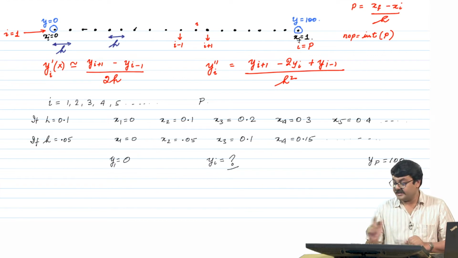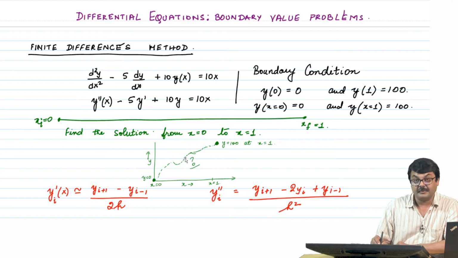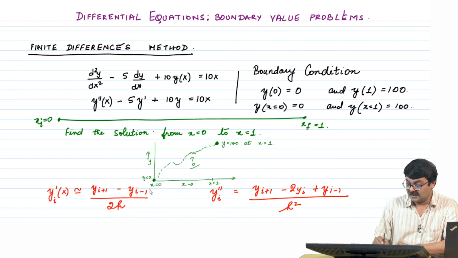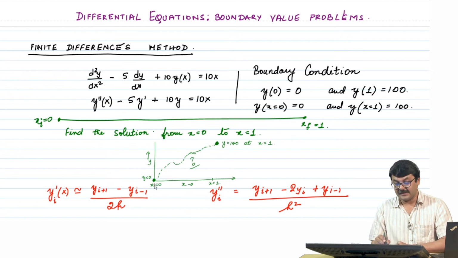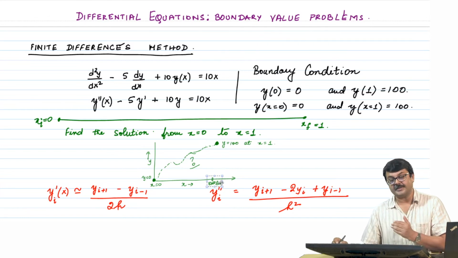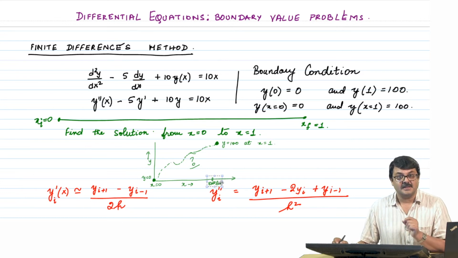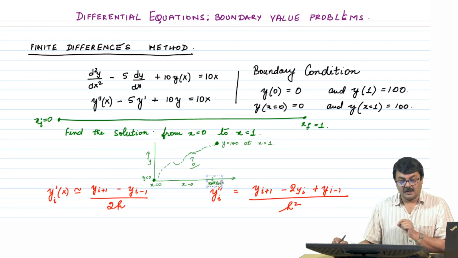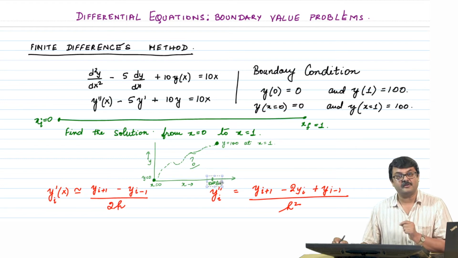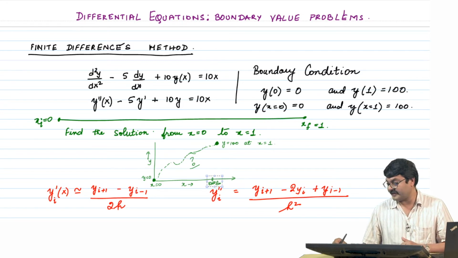We have to find the value of y as a function of x over this interval, from x equal to 0 to x equal to 1, and to solve it on the computer we can't work with dx going to 0. We need a finite value of the interval, say h. So, dx tends to 0, but h always has a finite value.